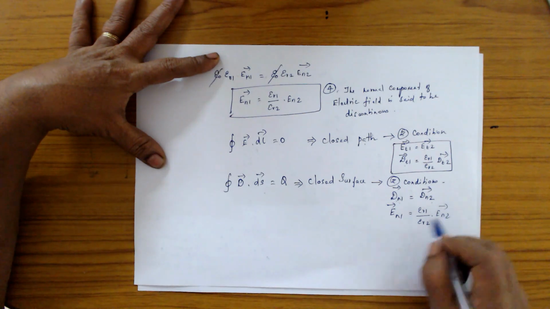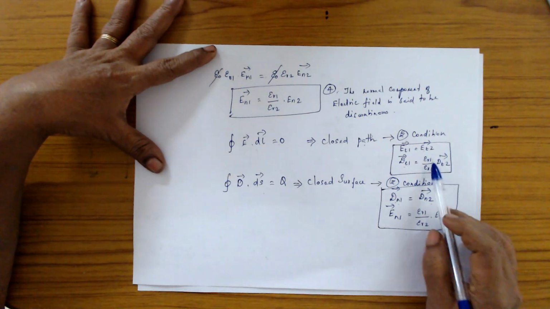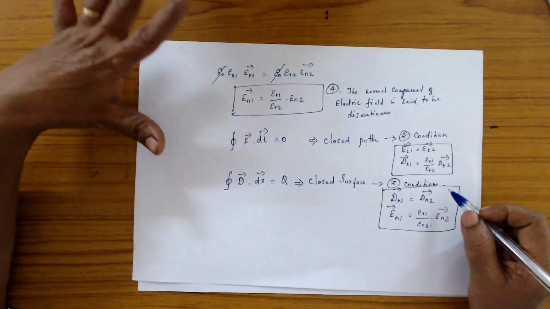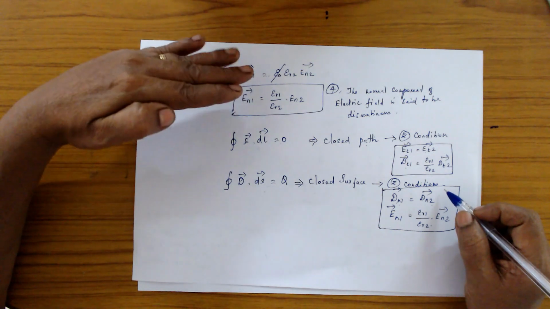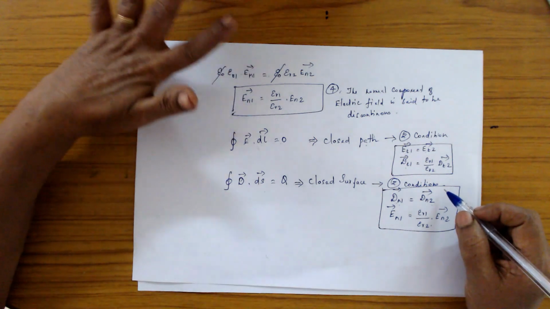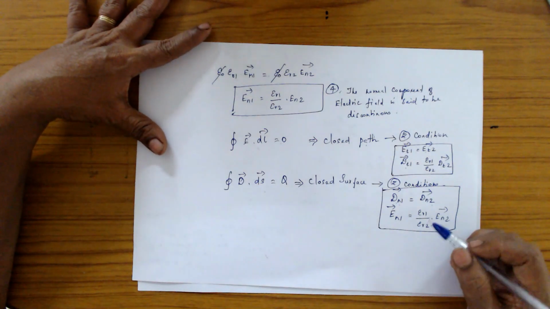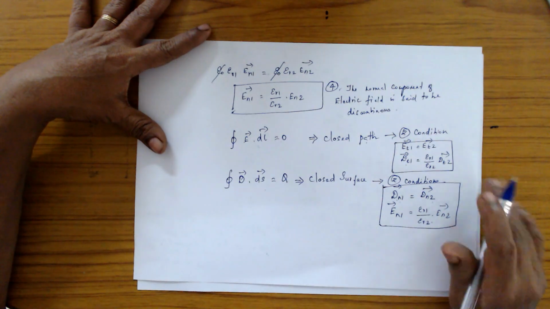These are the boundary conditions we have derived. They help you calculate, when an electric field crosses an interface between media, how the behavior of the electric field changes at the other boundary.